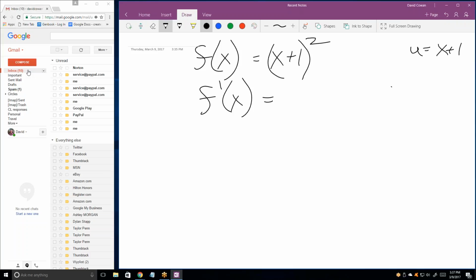2 times x plus 1? Start with the exponent, 2 times x plus 1, subtract 1 from the exponent, and now multiply the whole thing by the derivative of the inside. Well, what's the derivative of the inside?